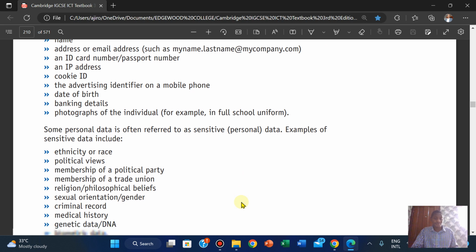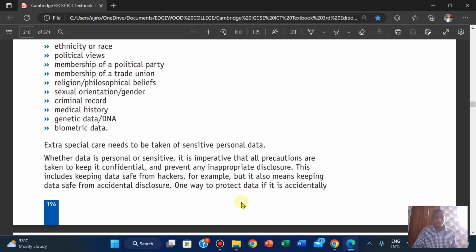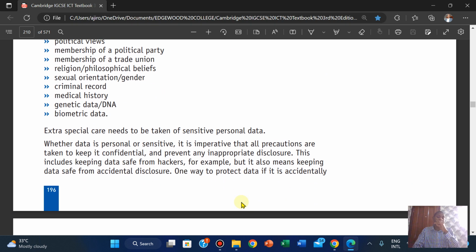Those are sensitive, right? Also your biometric data and your DNA. So some personal data can also be seen as sensitive. Extra special care needs to be taken of sensitive personal data.